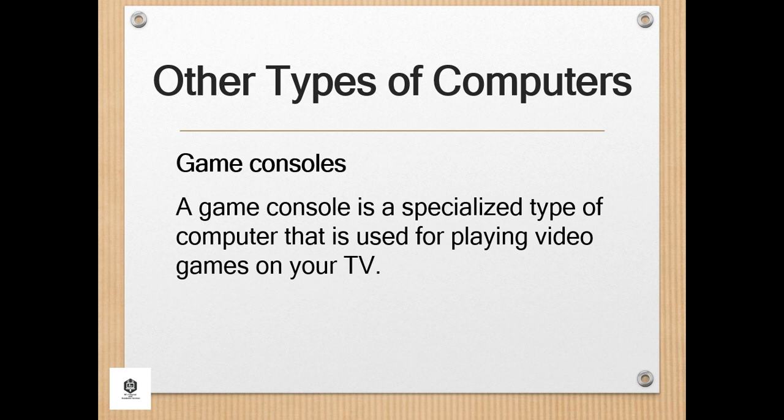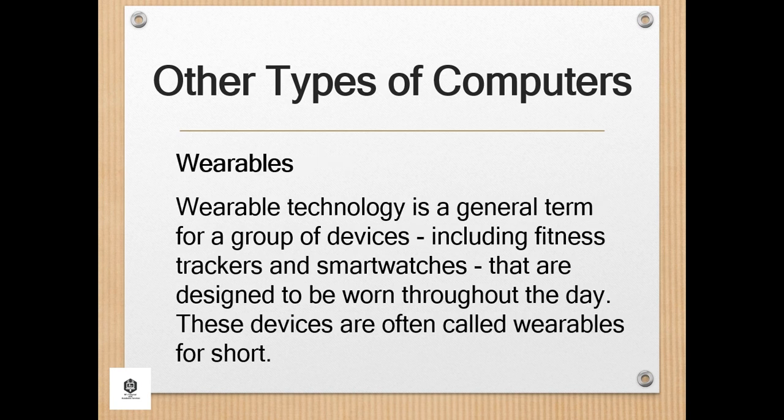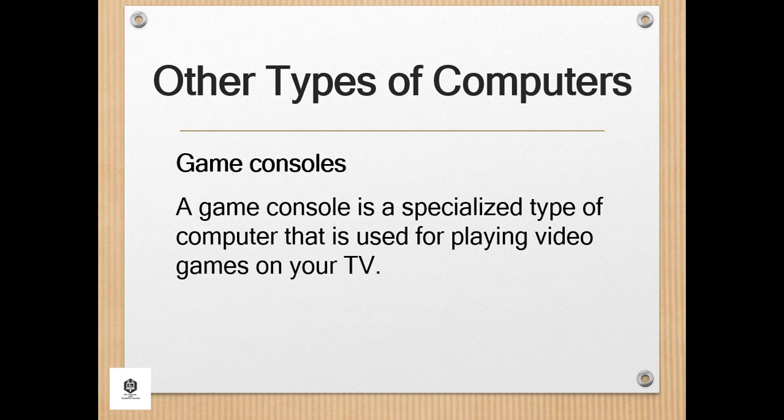Next, wearable technology is a general term for a group of devices, including fitness trackers and smart watches, that are designed to be worn throughout the day. These devices are often called wearables for short. Next, game consoles.